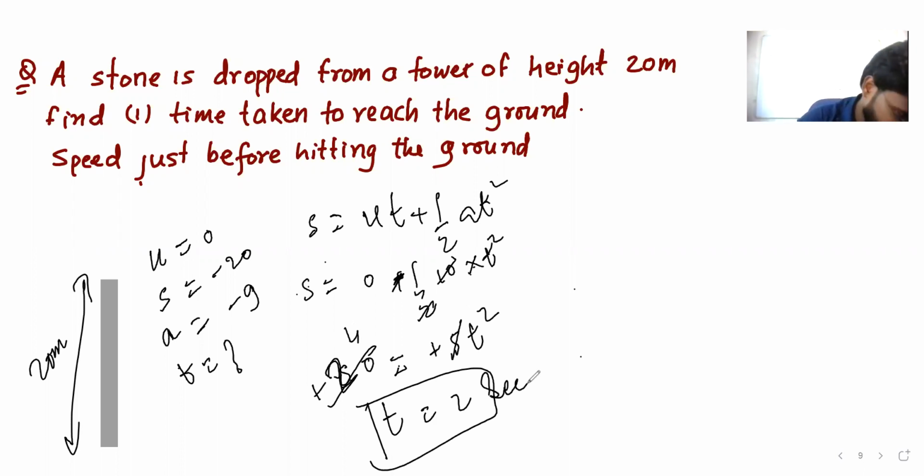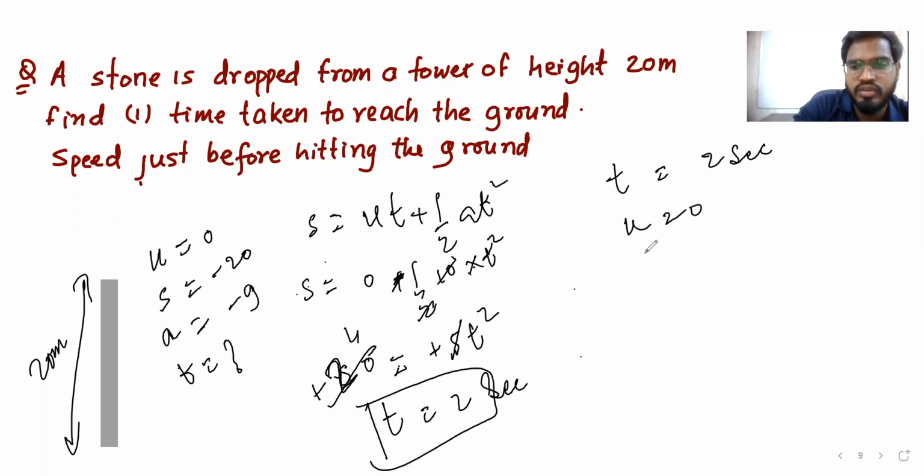Now just the speed just before hitting the ground. If it will hit the ground, then what will happen? Final velocity, we want to find. Now we have time, that is 2 seconds. U we have 0.